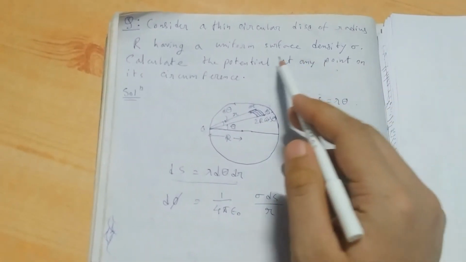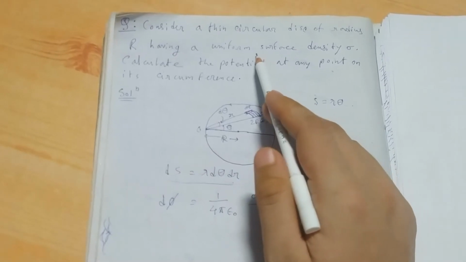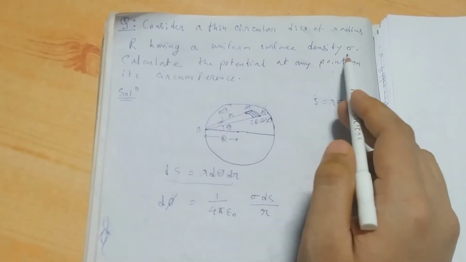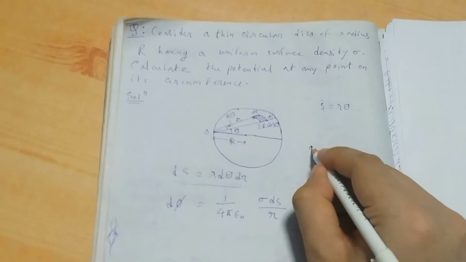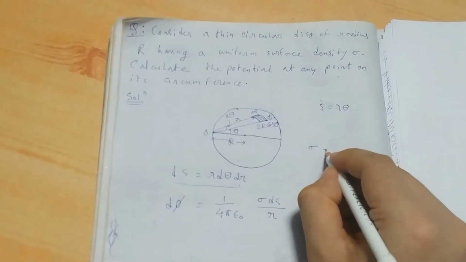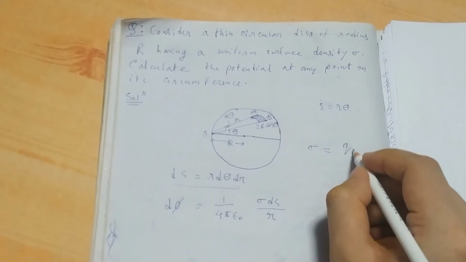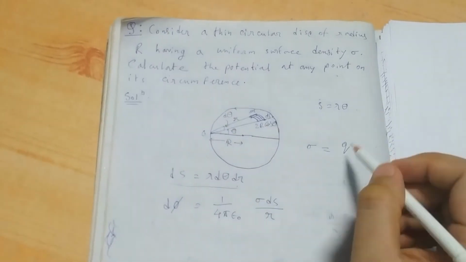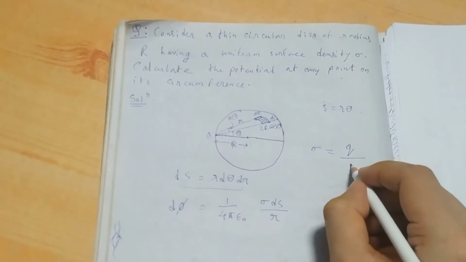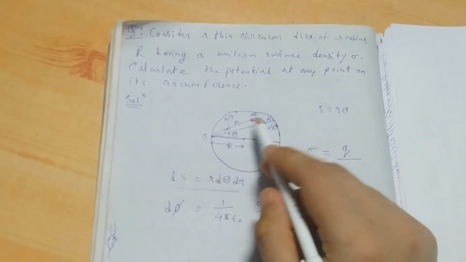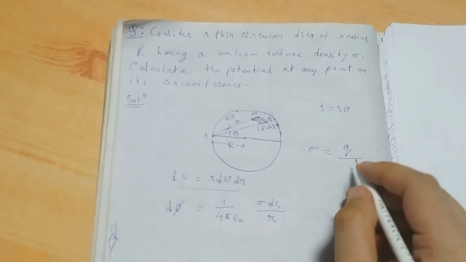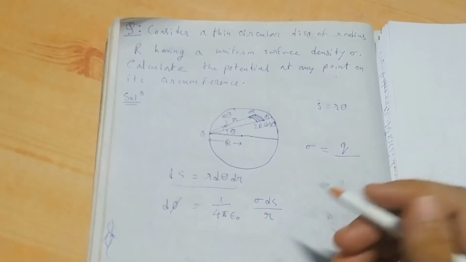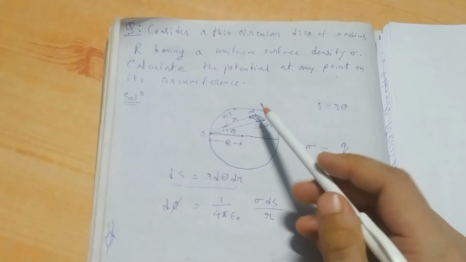So the question is, we know that the uniform surface charge density is sigma. That means sigma is equal to, if q is distributed in the whole disk, then sigma is q by s, where s is the total surface.